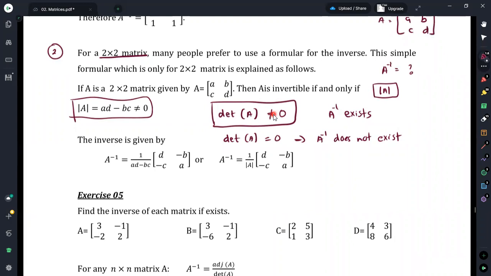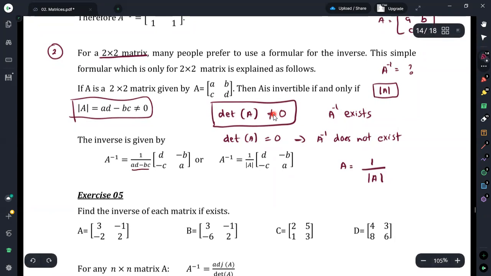Therefore, the equation can be written as A inverse is equal to 1 over the determinant of A. Determinant of A can be obtained as AD minus BC, and the determinant is a real value we are getting. Therefore, it is just 1 over a real value. Again, we are getting a scalar, so you have to have the scalar multiplication at this point.